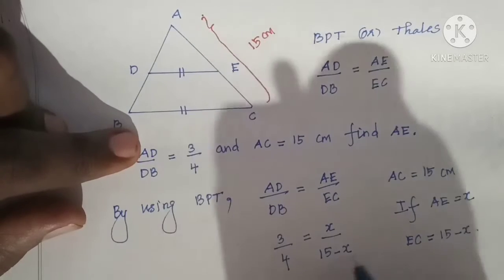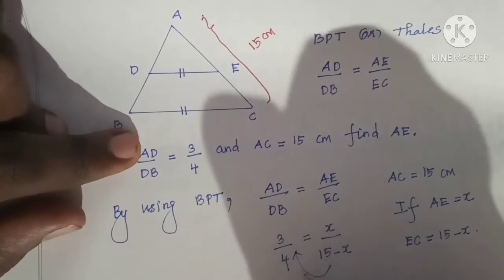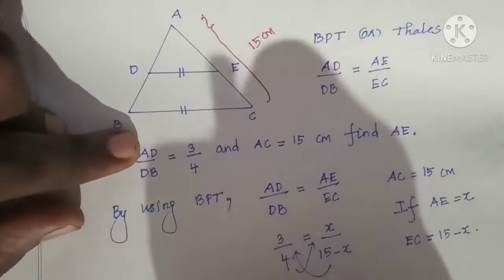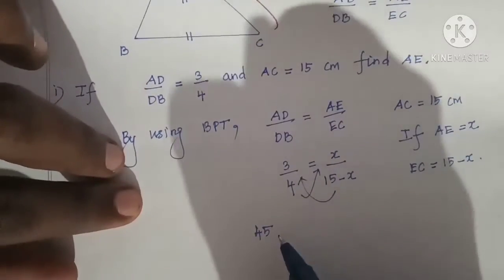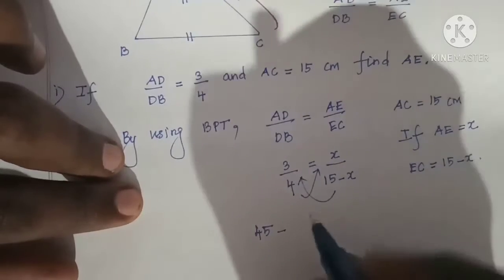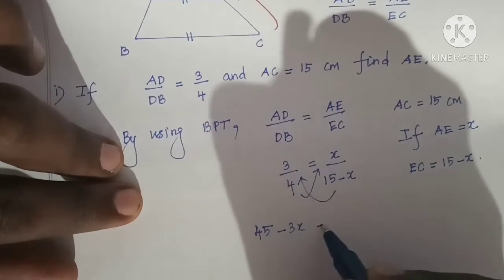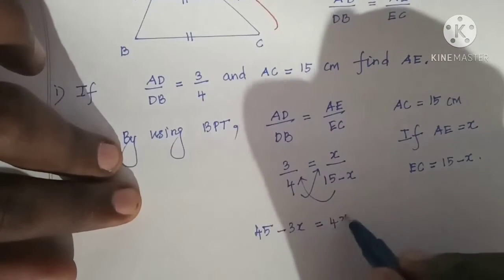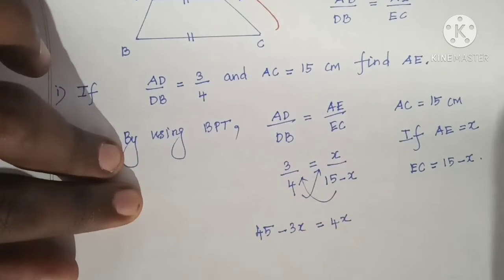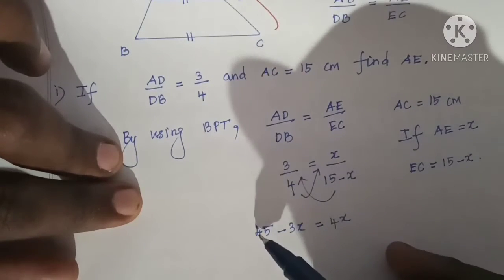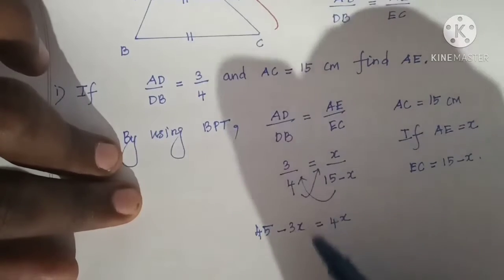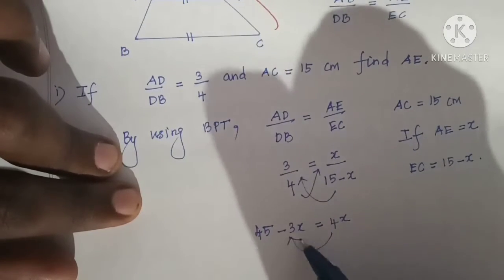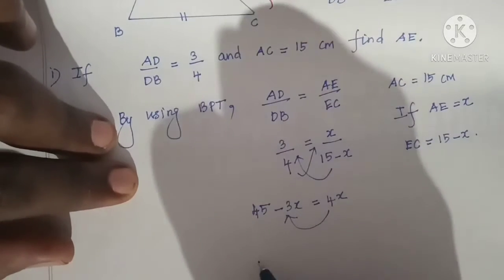So cross product: 15 into 3, 45, minus 3 into x, 3x, is equal to 4x. I hope you understand. If you bring this to the left hand side, what do we get?